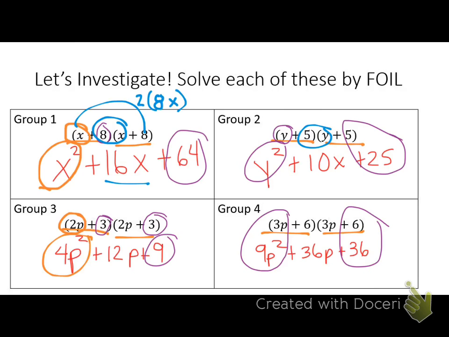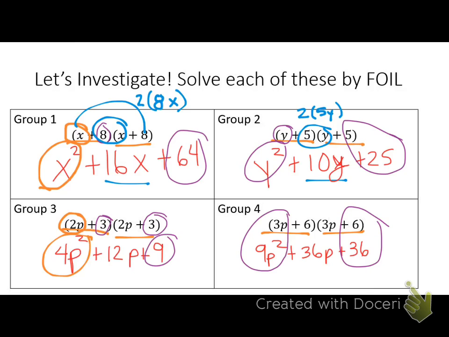So I have 5y, so I would have 2 times 5y. I found a boo-boo. I should not have had 10x. I don't know if any of y'all caught that. That should have been 10y, because my variable should match up. So my 2 times 5 times y is 10y.